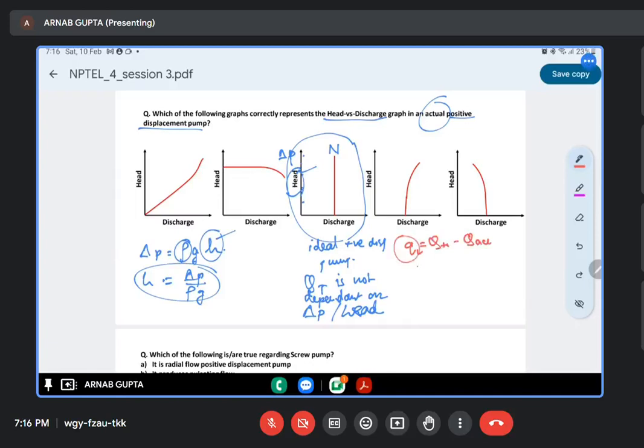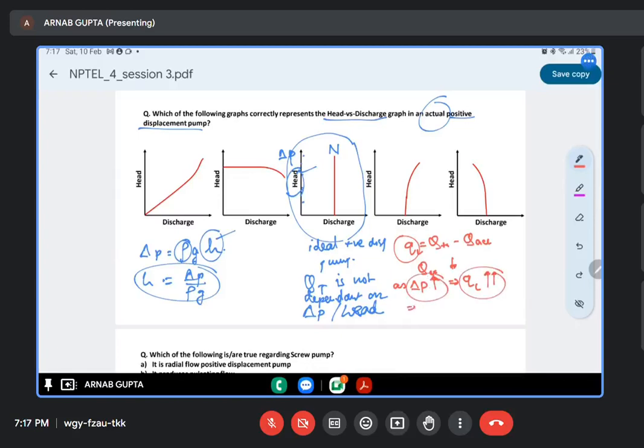So as delta P increases, this QL is also increasing. The volumetric loss of discharge is also increasing as the delta P is increasing.